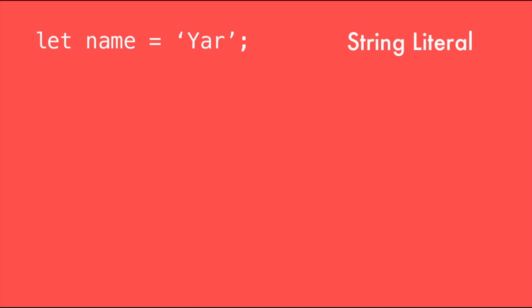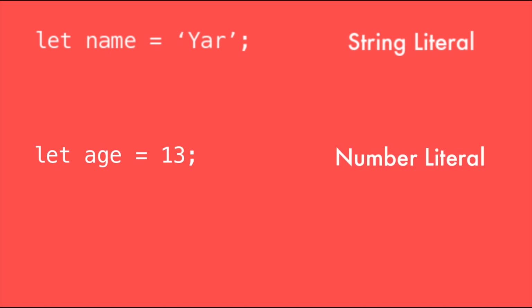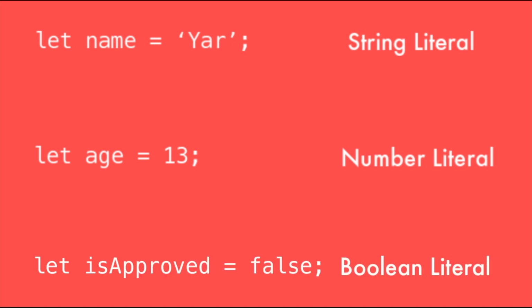These are the most common types of variables, and each of them comes with an example, starting with let name be R, which is a string literal. Then we have let age be 13, which is a number literal. Lastly, we have let isApproved be false, which is a Boolean literal.